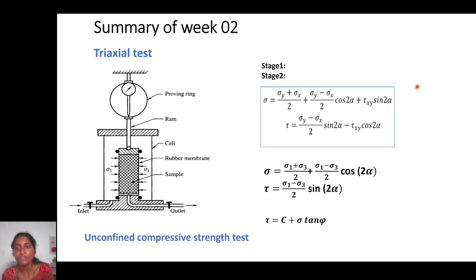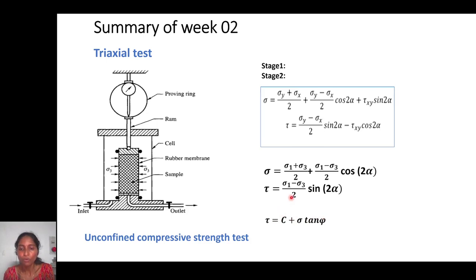And in this equation, I have already removed the last tau xy term, because the shear stresses being applied are already 0. So with these simplified formulas, it will be very easy. Easy for what? Our final aim is, for a given soil specimen, to determine the cohesion c and the angle of internal friction.